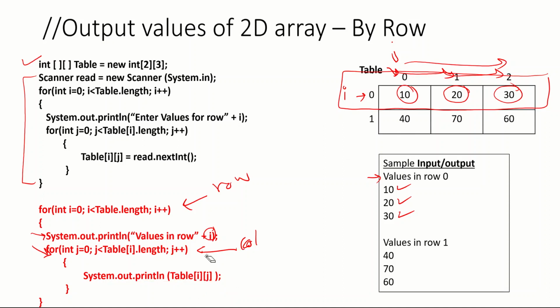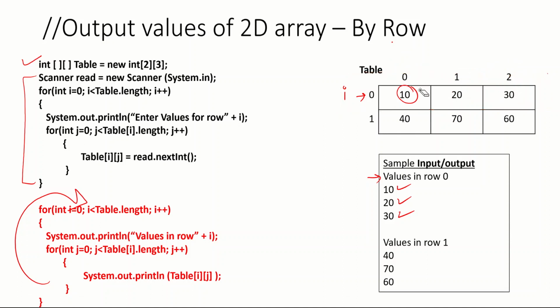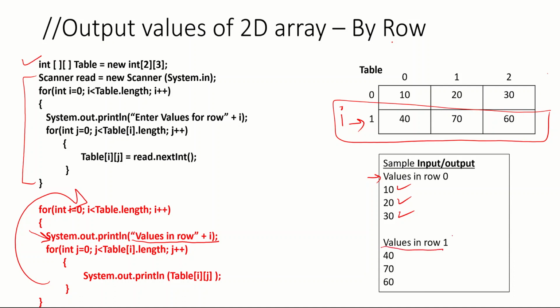Then you have to go to your second row, which is I equals 1. So this will be go to the second row and now I will be moving and the whole process will be starting over again. So I am now in this location. So it's more like we are currently in this row and then do the output of this message values in row I. So we have values in row and I is 1. So we'll have to say values in row 1.